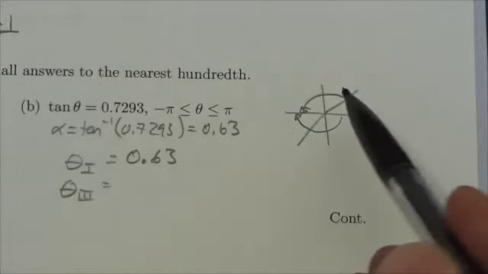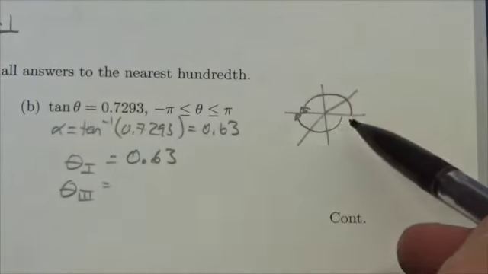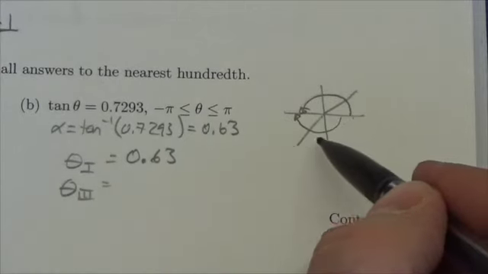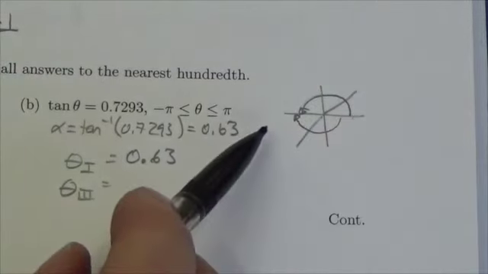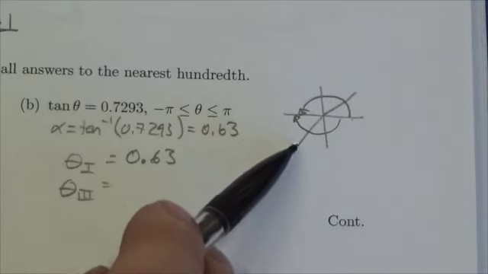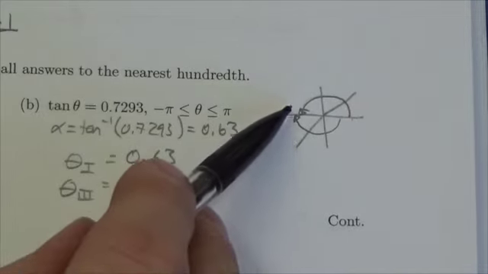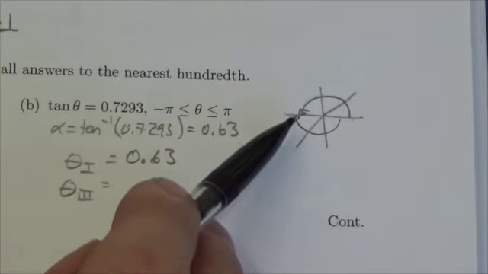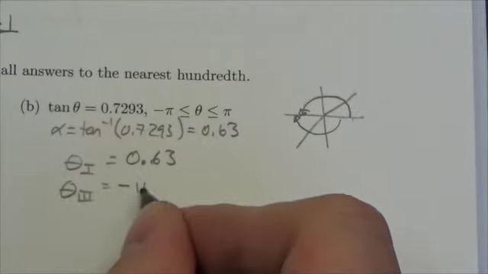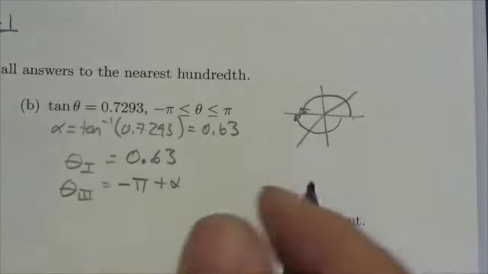To get to this angle, I have to go through this negative half rotation. Now, this would be negative pi, but I'm back a little bit here. I'm actually back my reference angle. Now, remember, when you rotate this way, that's a positive angle. So this is actually going to be the same as negative pi plus my reference angle.